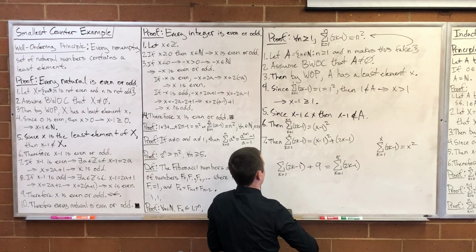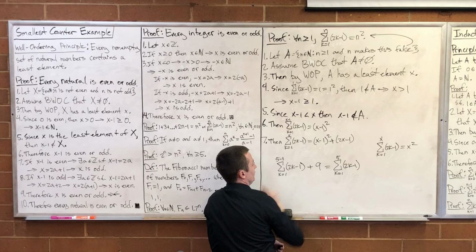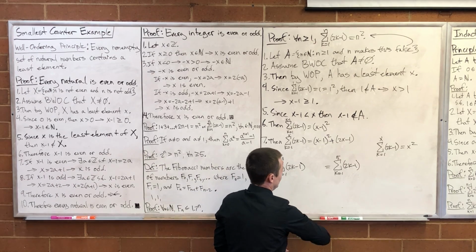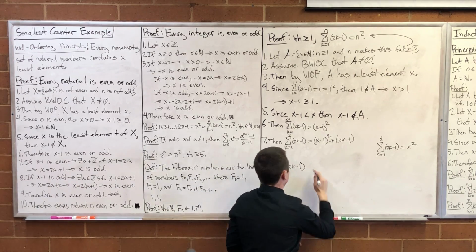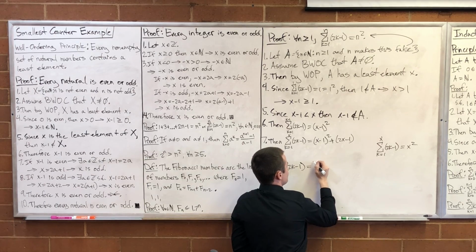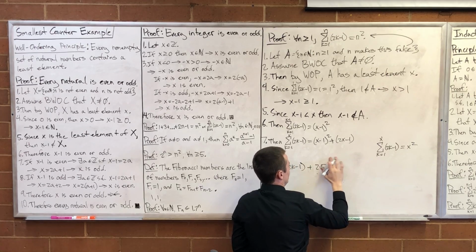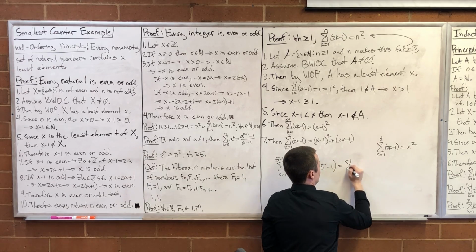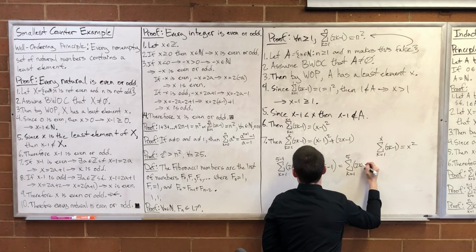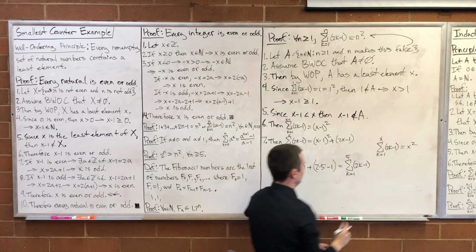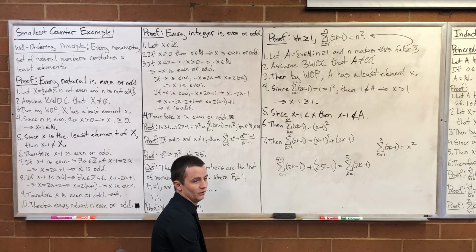So I don't get why that would help. 5 minus 1 is equal to, or 5 minus 1 squared plus 2 times 5 minus 1, I guess I don't use square brackets, is equal to the sum from k equals 1 to 5 of 2k minus 1.